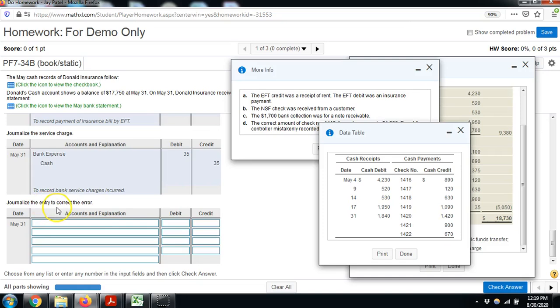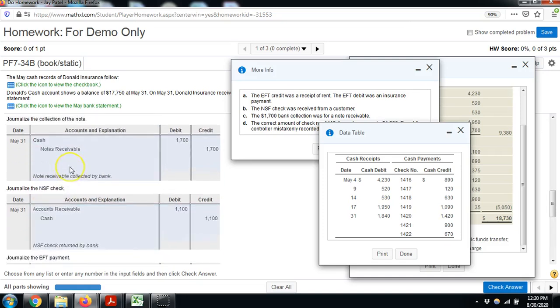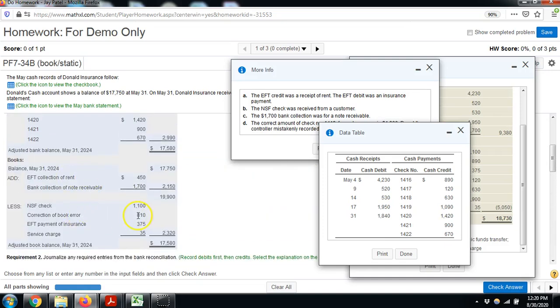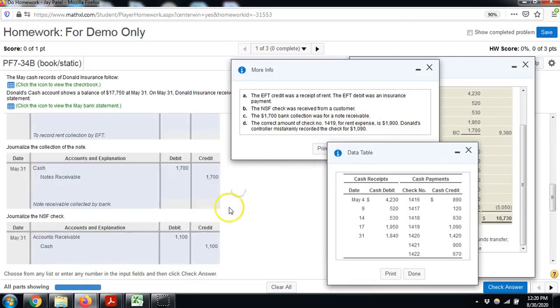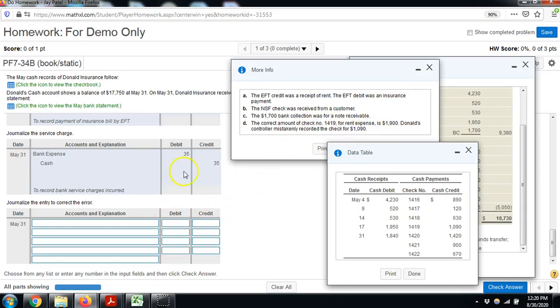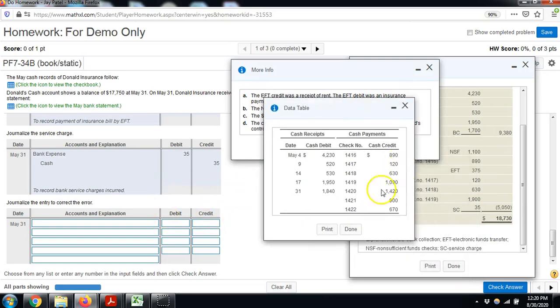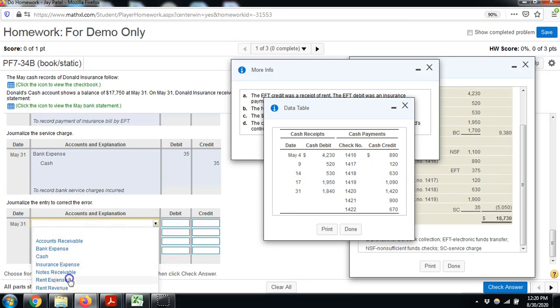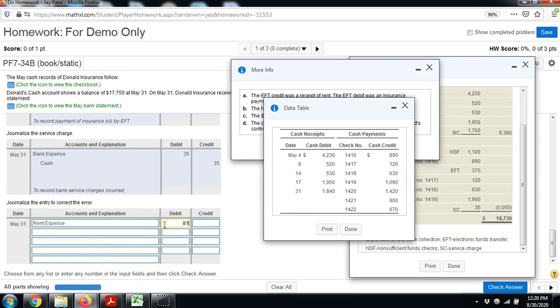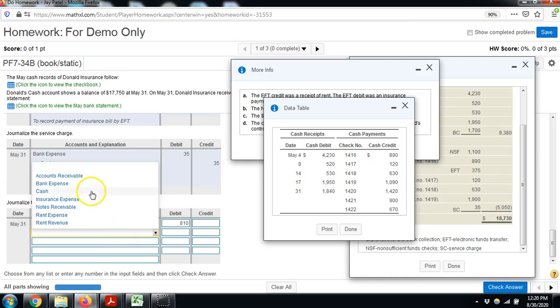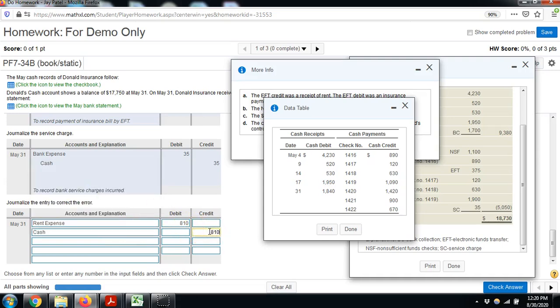Oh, and now we have the bank error, sorry, the book error, which was $810 for a rent expense. So we only originally took, according to our book, $1,090 of expense of rent, but really the rent expense was $1,900. So we need to take an additional rent expense of $810 to reflect what actually happened and reduce our cash by that amount.